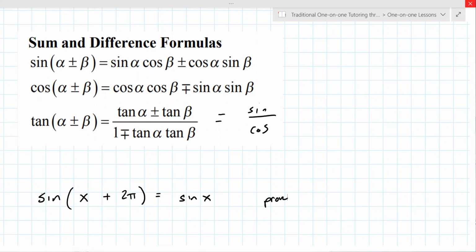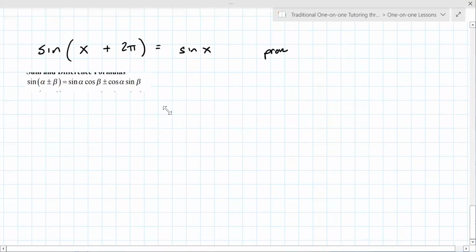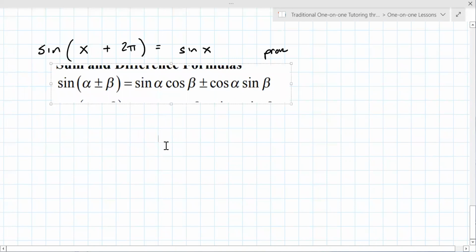Prove it really just means use the formula to make sure it works out. What I like to do, because I've got the technology here, is snip the sine formula and lay it out underneath this. What you want to figure out is, what's my alpha? What's beta? In your problem, alpha is x and beta is 2 pi.